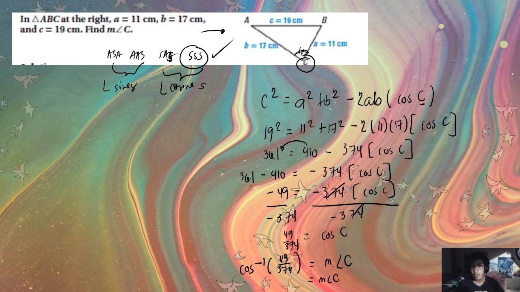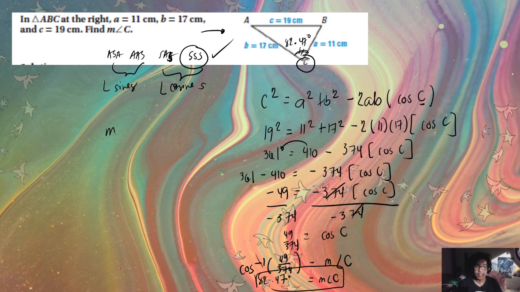If you try to evaluate that on your calculator, that's shift cosine, so the cosine raised to negative 1 function should appear on your calculator. That's cosine inverse of 49 over 374, and that should give us around 82.47. There you go, 82.47 degrees. So the measurement of angle C here is 82.47 degrees.